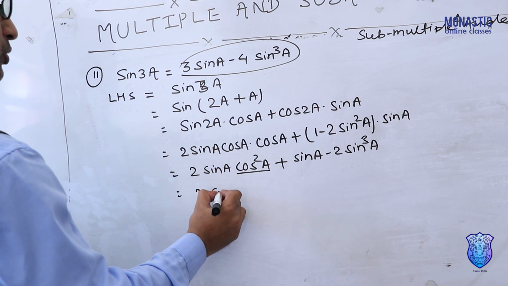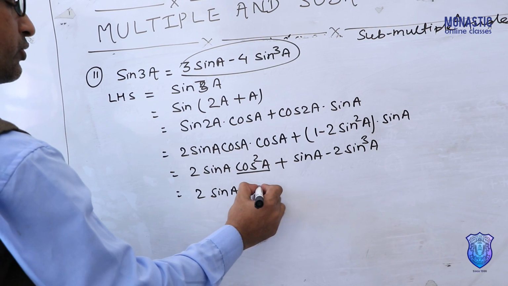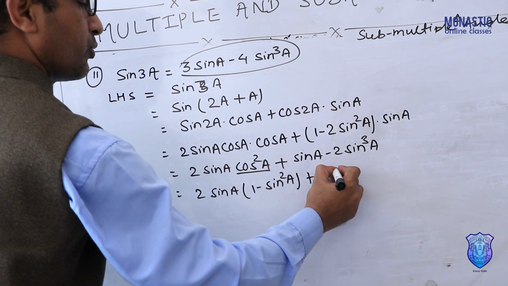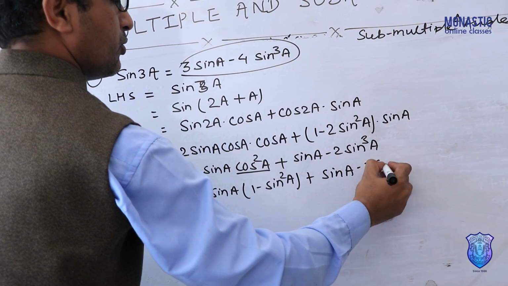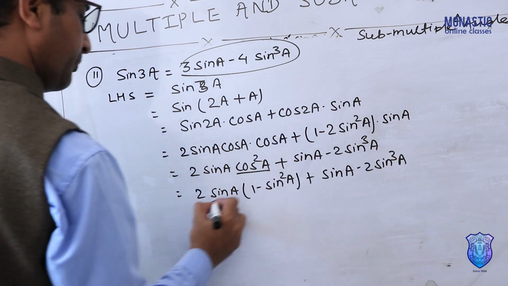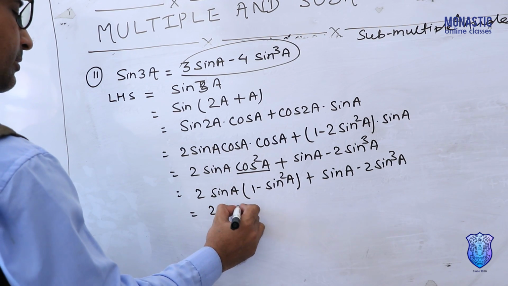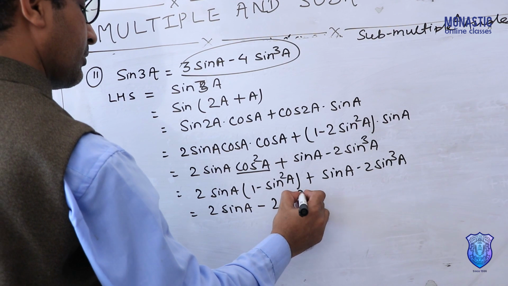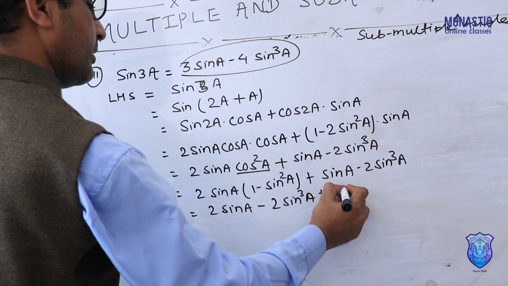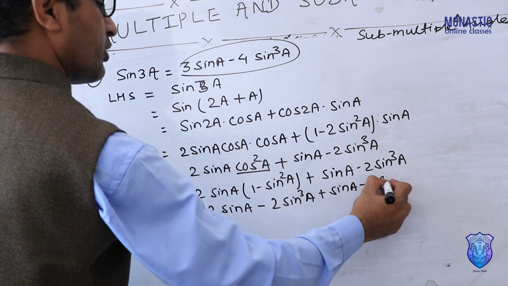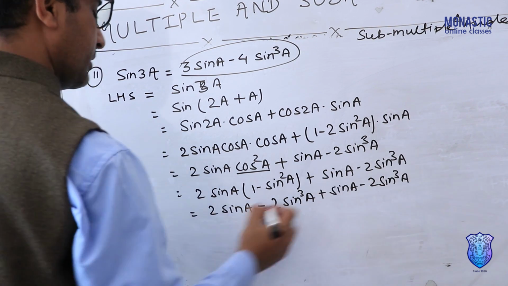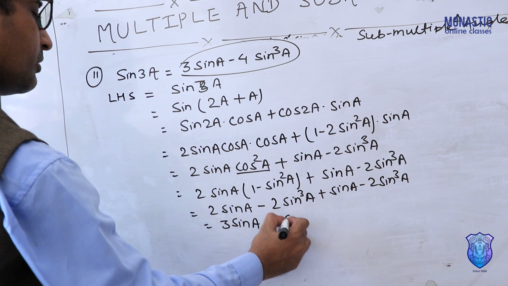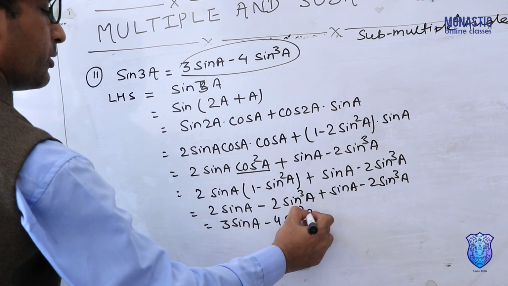You know how to convert cos square A into sine: in place of cos square A, we can write 1 minus sine square A. Then do the multiplication again. 2 sine A minus 2 sine cube A plus sine A minus 2 sine cube A, that is 3 sine A minus 4 sine cube A.